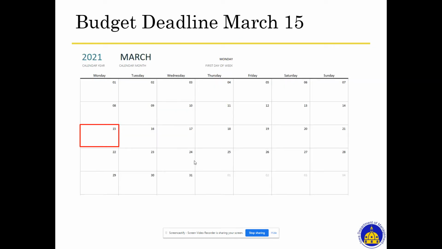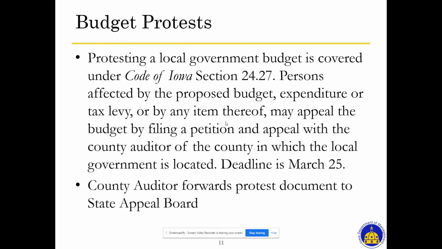The budget deadline this upcoming year for fiscal 22 budgets, in calendar year 2021, would be March 15th, which is a Monday. And protesting local government budgets is always an option for citizens.